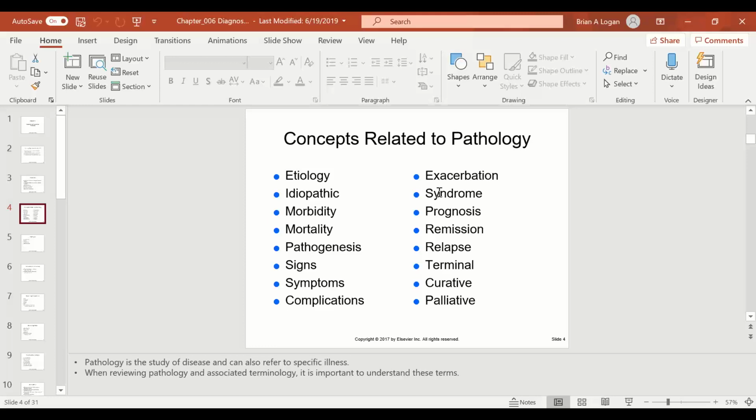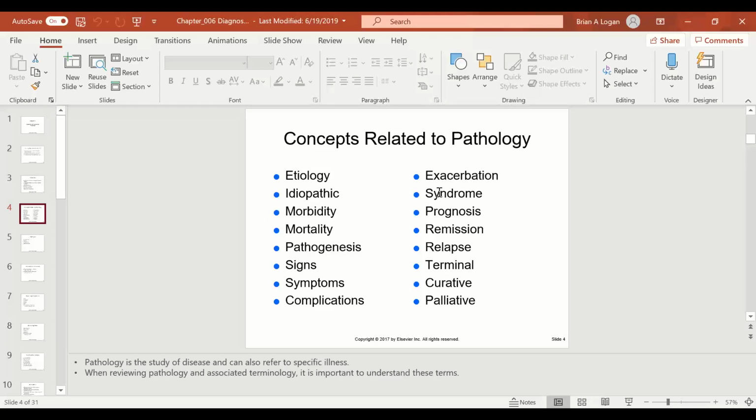If a patient gets a certain disease, what's the likelihood of them dying? Pathogenesis is another one, genesis being the beginning or origin, patho being disease. So the origin of the disease. Where did it come from?